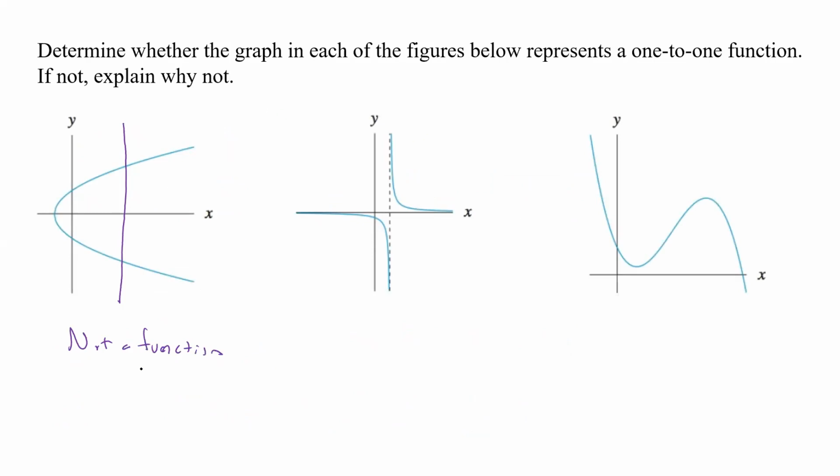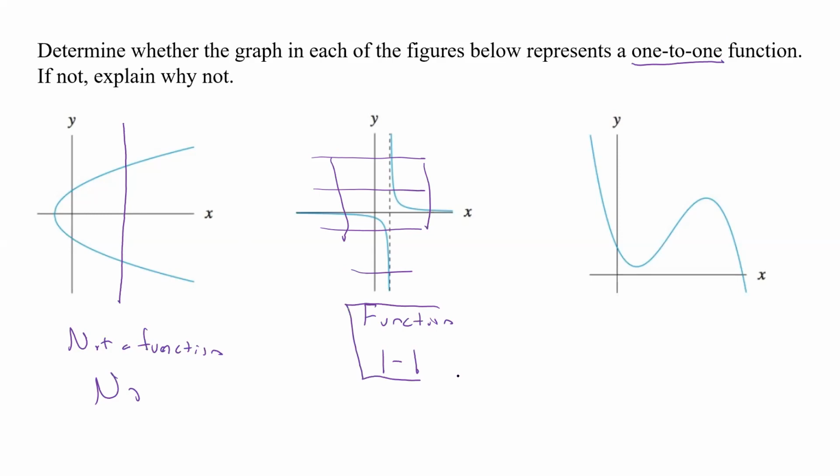So this one is just a no from the start. It's not one-to-one. Now this one, if we draw all these vertical lines, no matter where we draw them, that is a function. So we're good there. And to determine if it's one-to-one, we do the horizontal line test. So now we start drawing lines like this. And so this looks like it's a function and it's one-to-one.